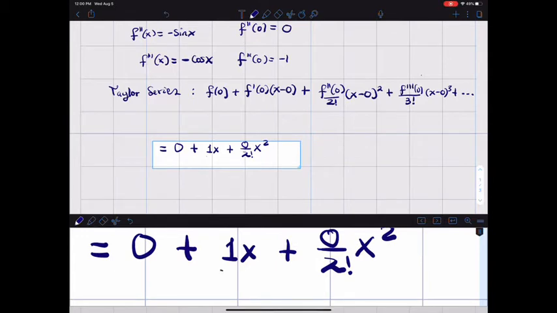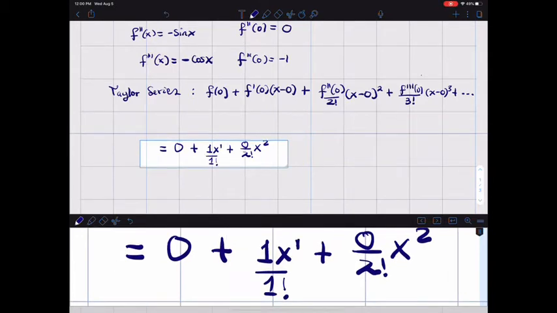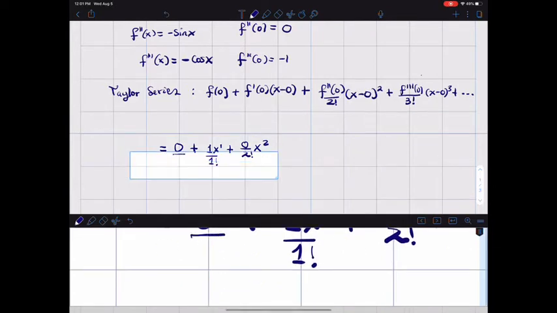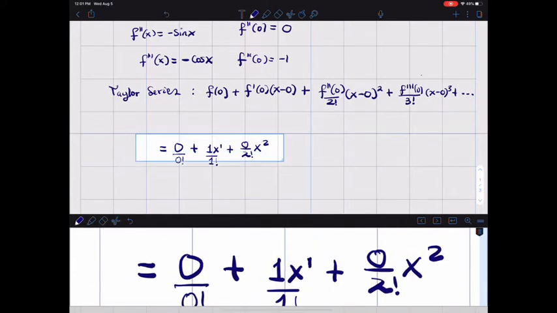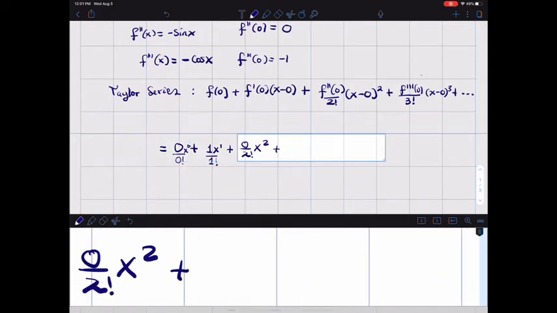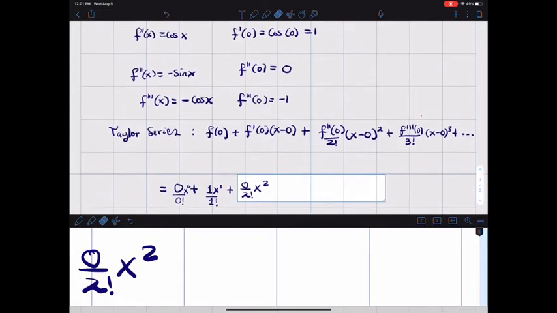We can write this as over 1 factorial if we want, times x to the power of 1. And we can write this as 0 factorial if we want, times x to the power of 0. It doesn't matter. Then we have the third derivative, which is negative 1.